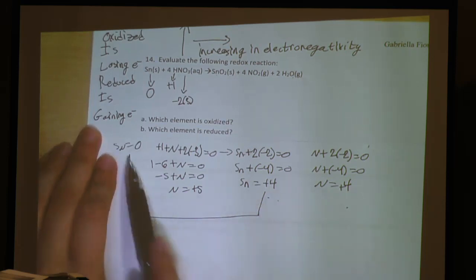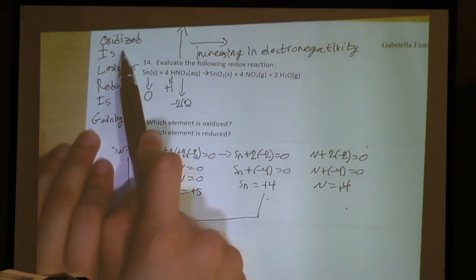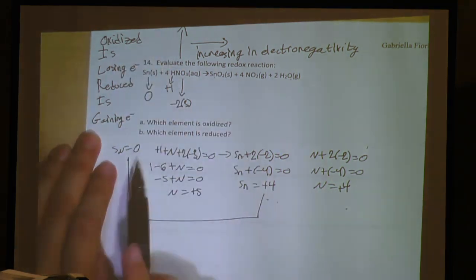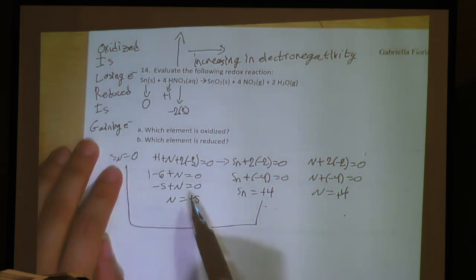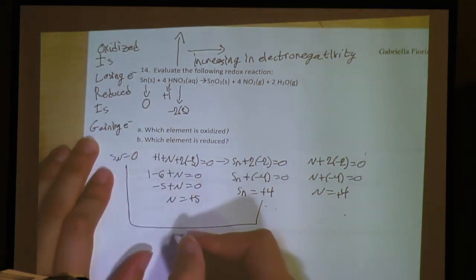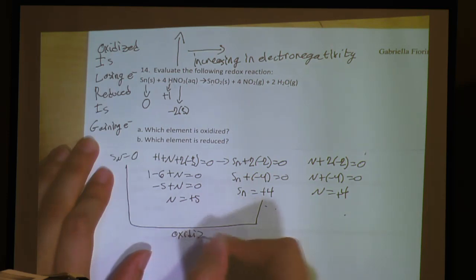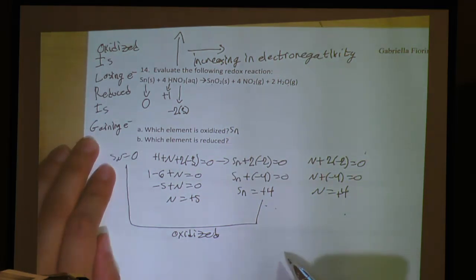Well, if you get rid of the evil twin, the negativity in your life, you're going to have a more positive, happy life, right? So we went from 0, got rid of the negativity, and went to a +4. So that means that we lost negative things that oxidized us. So the Sn was oxidized.